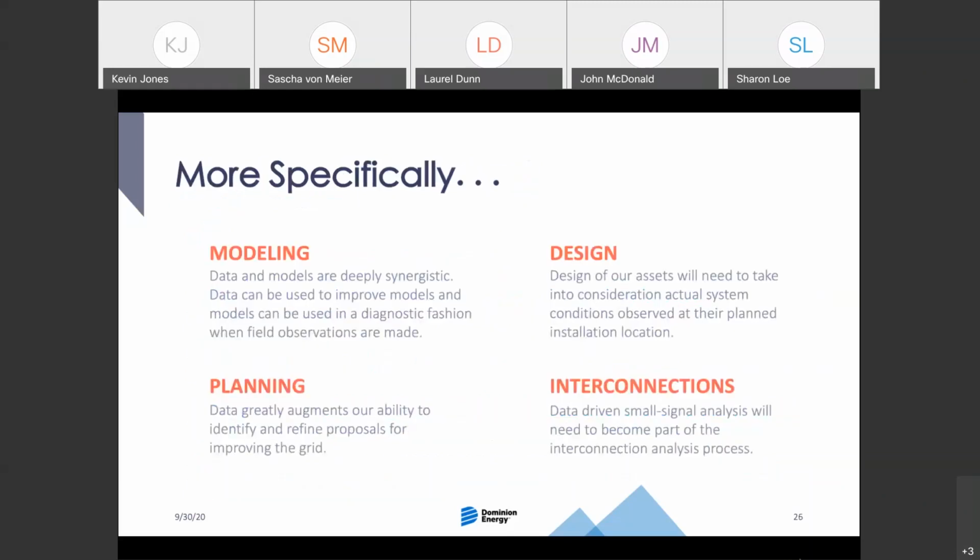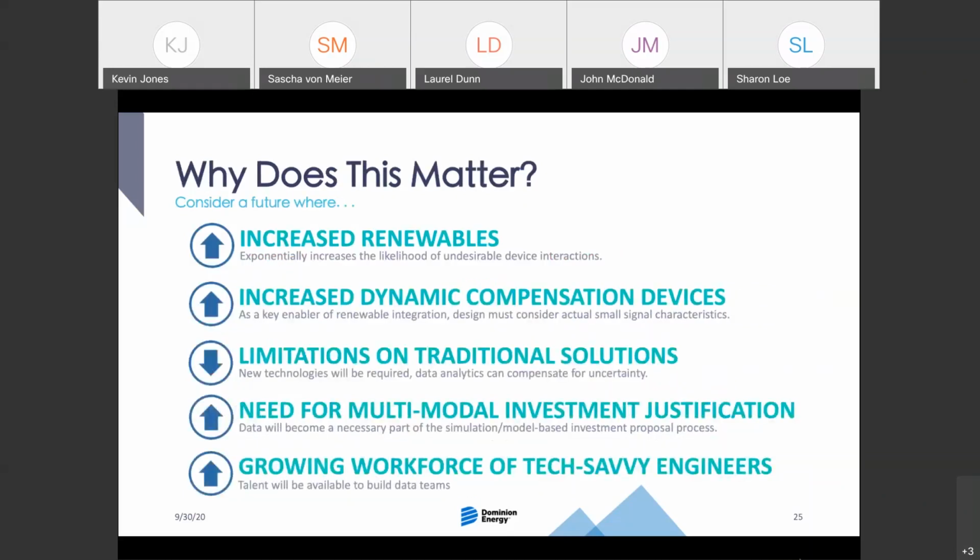I think I missed a key point back here. So the other reason that data analytics, particularly with synchrophasors, is going to be so crucial as we move forward is that in a world where the burdens are much greater on the utility for justifying an investment, we may need to provide more evidence to support a particular solution, particularly when a solution might be tens of millions of dollars.